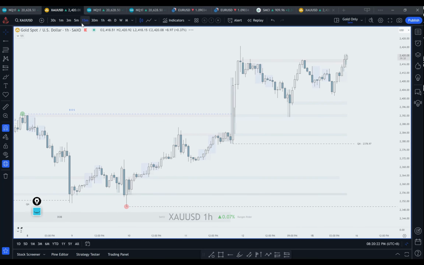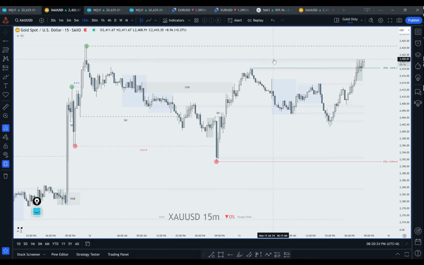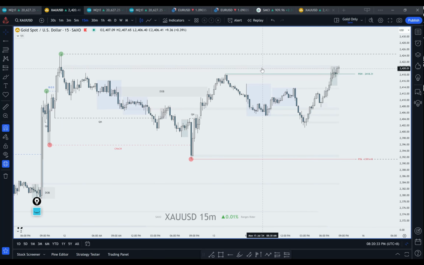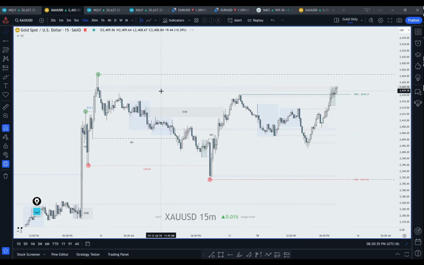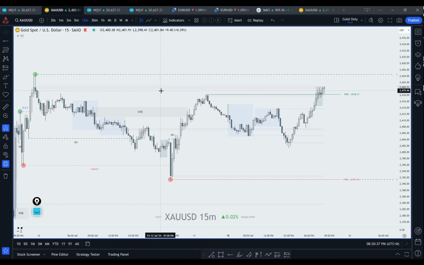So you have the 15-minute: if the price clears the extreme, then you wait for the external order block. And yes, there is the H4 rejection block. Good point. Okay, any other question?